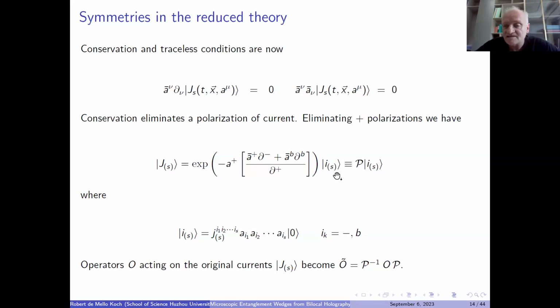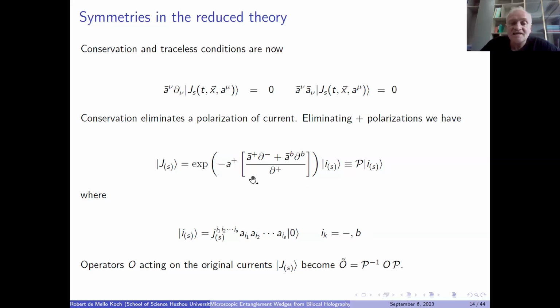This vector, little I, only packages components of the current that either have minus polarizations or polarizations indexed by B, which is transverse to the light cone. So what I've done here, I've used the conservation equation to eliminate everything with a plus polarization, and I'm left only with minus polarizations and the directions transverse to the light cone.